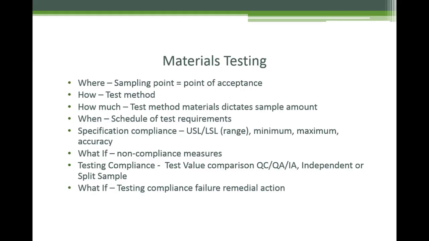Is the test result on either an independent sample or a split sample for the same population of material, say a day's production, for different labs, different operators running the same test, those test values have to be within certain tolerances. And if they are, that tells us that we have similar operations and sampling procedures. If not, it's a sign that we have a problem going on someplace.